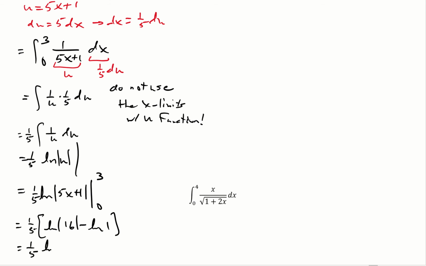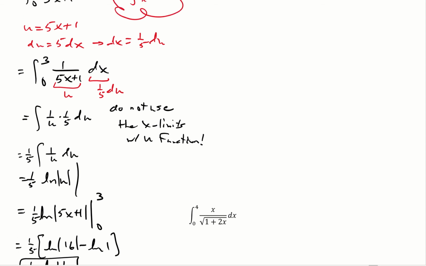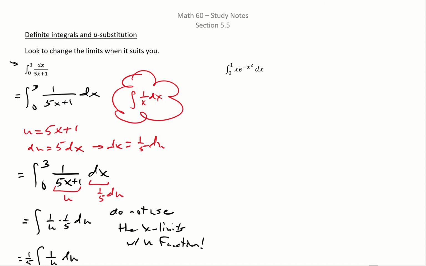We're getting an answer of 1/5 of the natural log of 16 as a final answer. So what? Well, it's the same thing, isn't it? You u-sub, you integrate with u, you put x back, and then you apply the limits. Pretty basic stuff. Let's do a couple more.